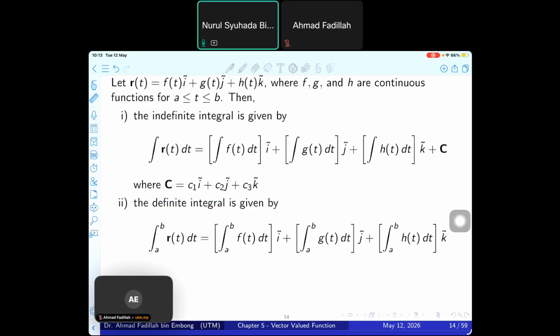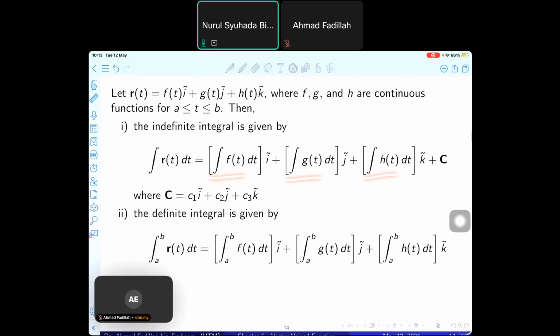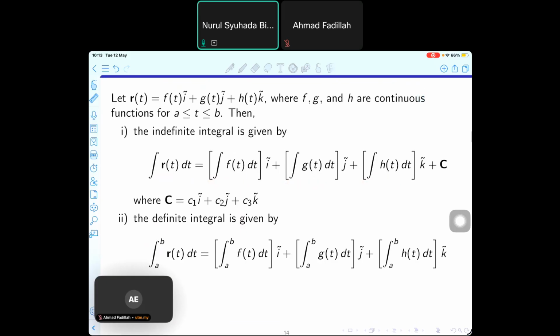Okay, so this vector integral we can compute in the following way. The integral of r(t) is equal to the integral of f(t), the integral of g(t), the integral of h(t). In other words, we need to evaluate one by one the integral of f, the integral of g, and also the integral of h(t).